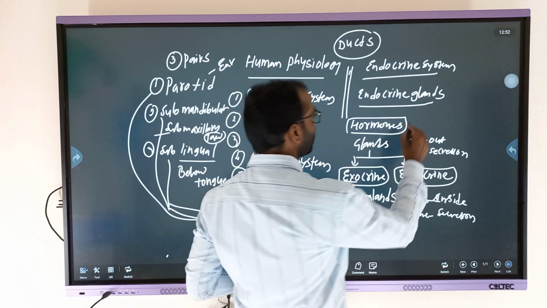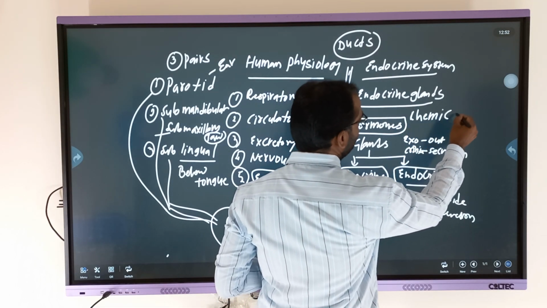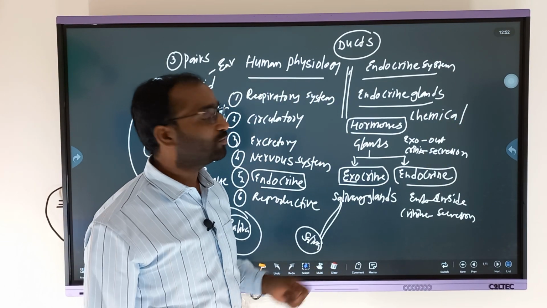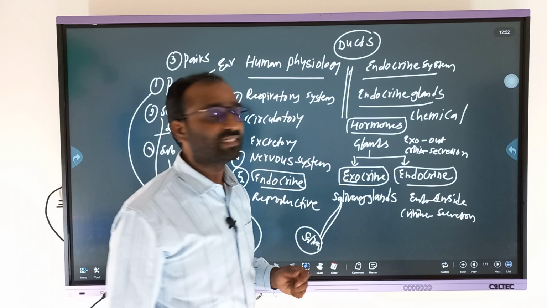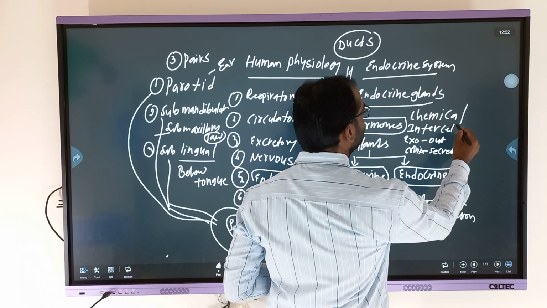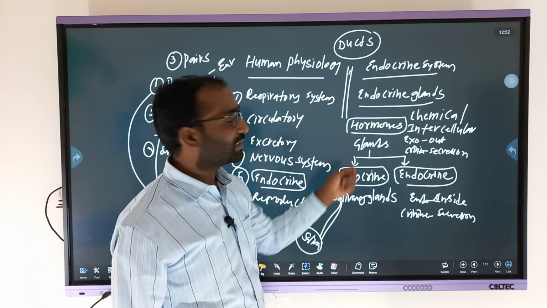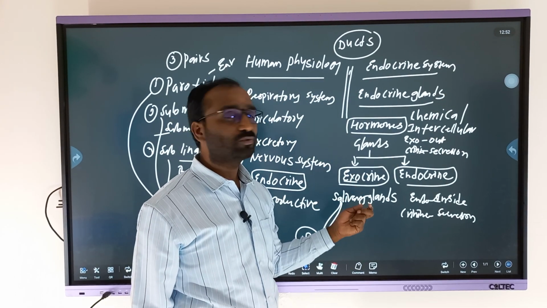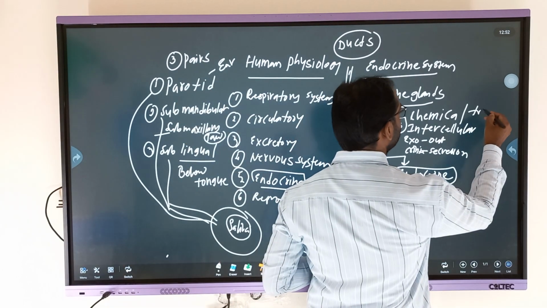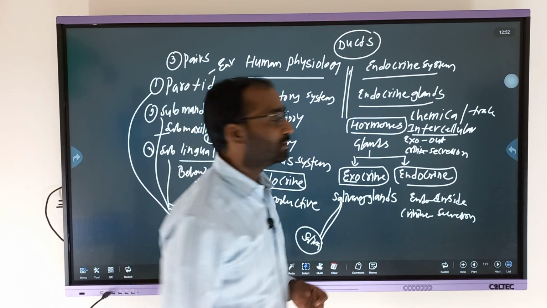Hormone is a chemical substance, and these hormones are intercellular messengers. The first thing is, hormones are chemical substances which are produced in trace amounts, and these are called intercellular messengers.